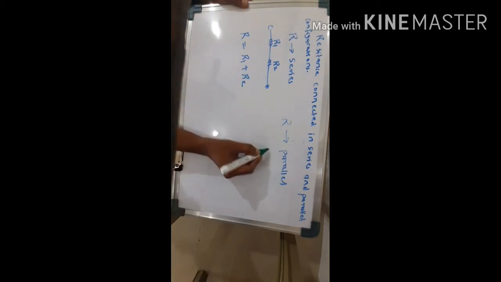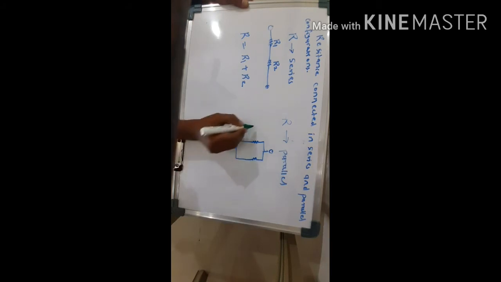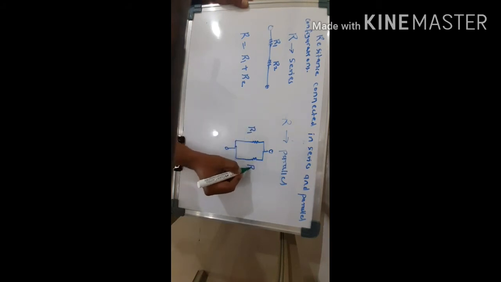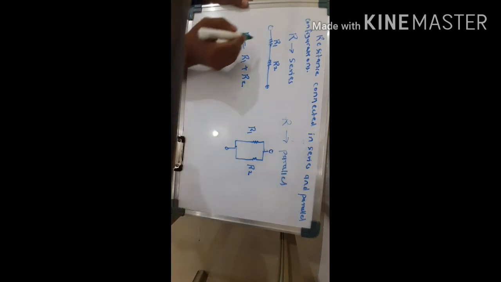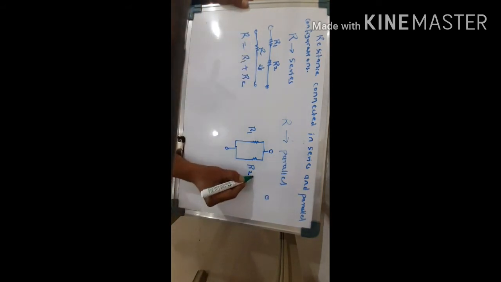Similarly, we will see if the resistances are connected in parallel. I will draw the two resistances R1 and R2 connected in parallel. Here in series, the equivalent resistance R is equal to R1 plus R2.